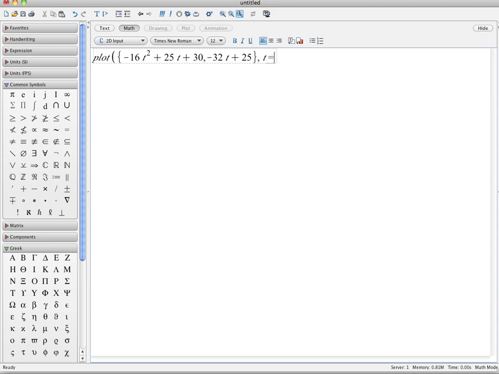T equals 0 to, let's go 3 seconds to see what it looks like. And then y equals negative 2 to, say, 40. I'm just going to guess how high I'm going to go. So let's make the thickness something I can see.